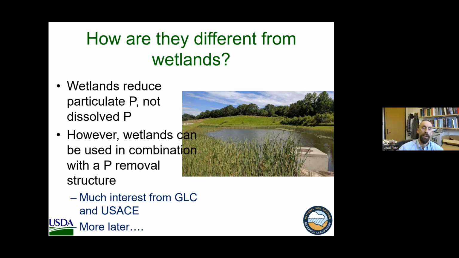So now a lot of people are talking about combining wetlands with the P-trap structure. I'm working with several folks in Wisconsin and Ohio to try building some of these, where we take the overflow water from the back end of these treatment wetlands and run it through a P-trap structure to be able to remove the dissolved phosphorus.